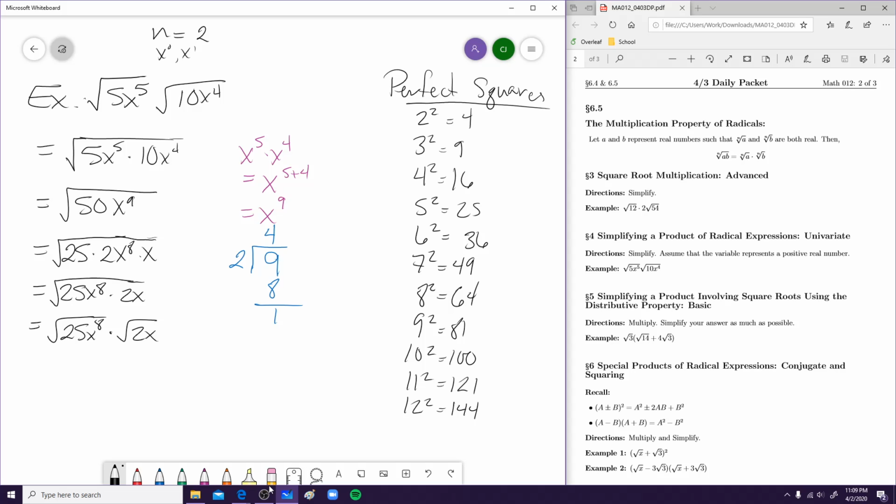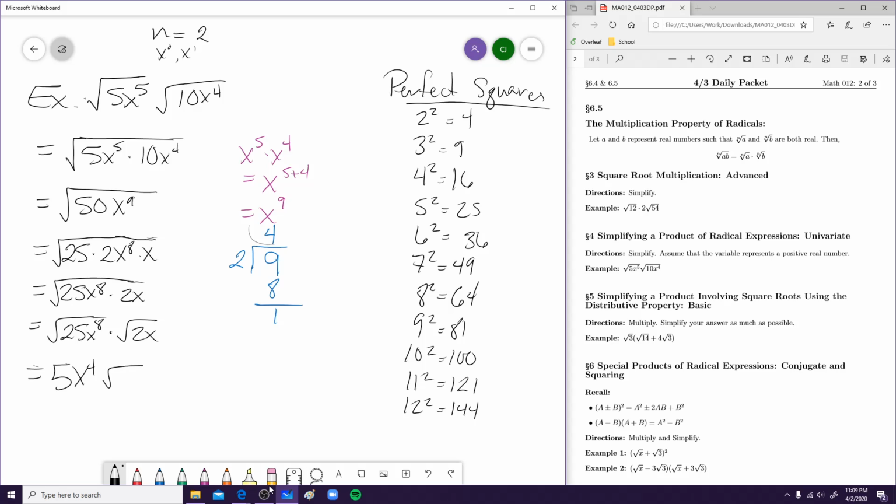Right? So what is the square root of 25x to the 8th? The square root of 25 is 5. And the square root of x to the 8th, that is x to the 4th. And notice that x to the 4th, that is what we get for the quotient up here.